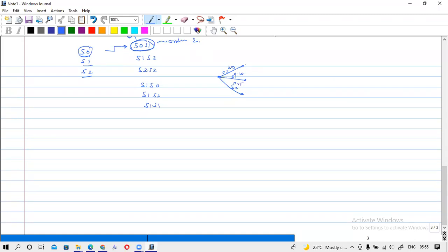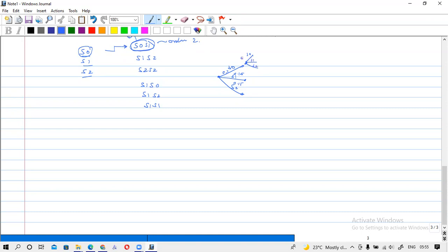Higher order means you have to pick two symbols. So here you are going to pick another symbol, and again you will get three options: S0, S1, S2, with S0 at 0.7, S1 at 0.15, and S2 at 0.15. If you pick S1 first, then the second time you again have three options, S0, S1, S2.